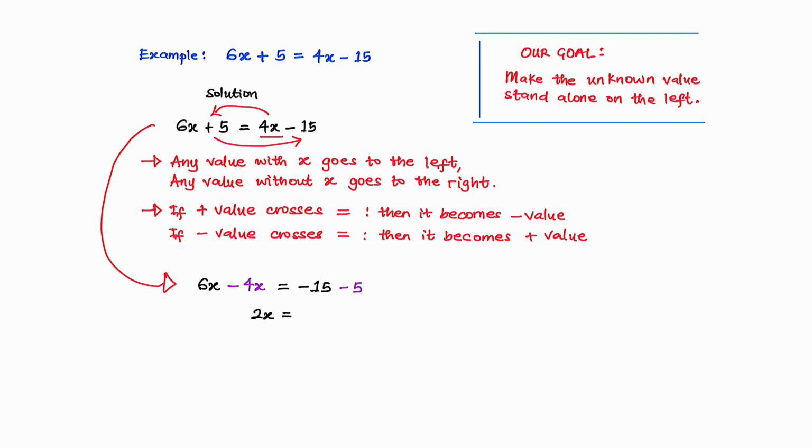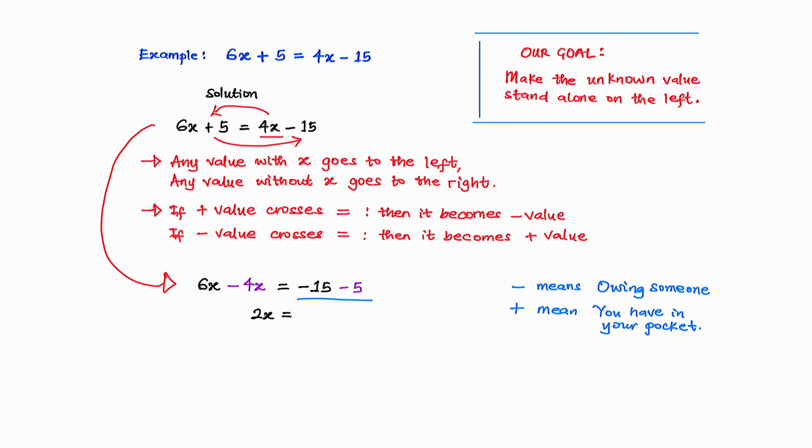Minus 15 minus 5. Think of it like minus means you have a debt, or you are owing someone, and positive means you have money in your pocket. So here we have minus 15 minus 5.